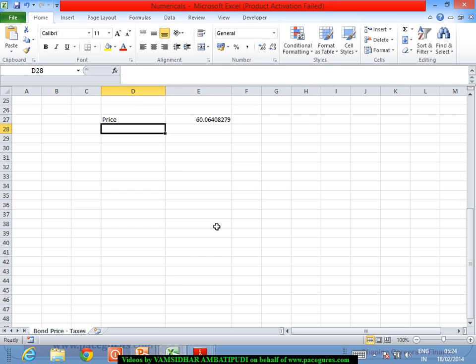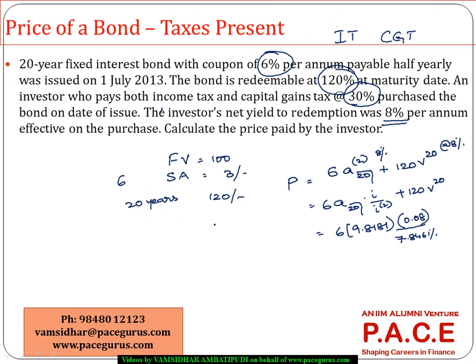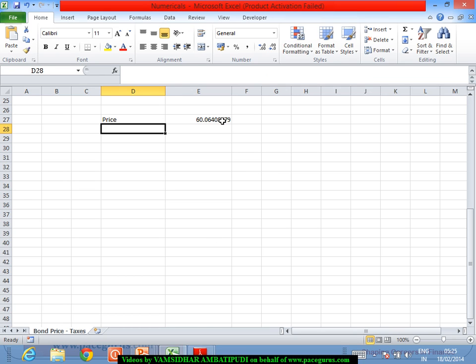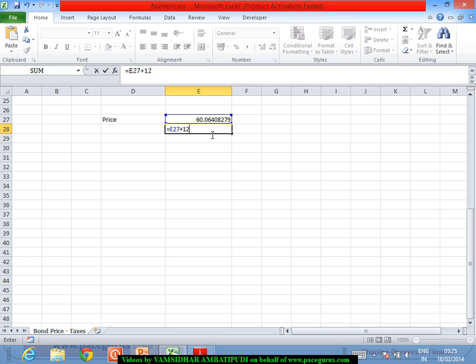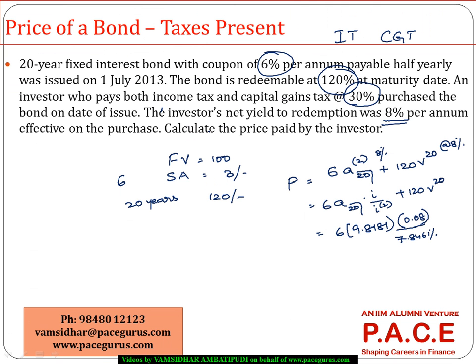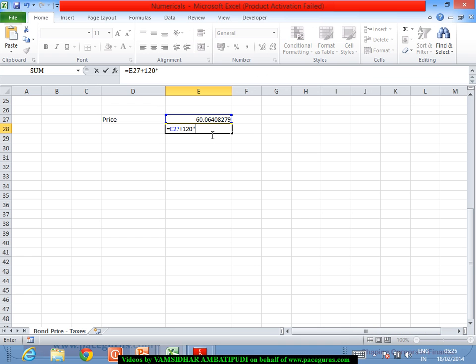That's the first part, and the second part is 120 v^20. To this number I will add 120 v, where v is 1 by 1 plus i.